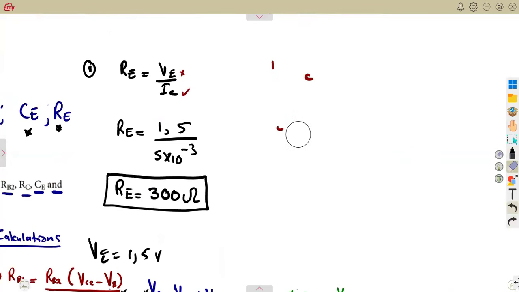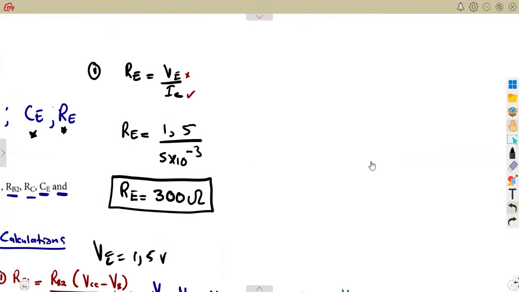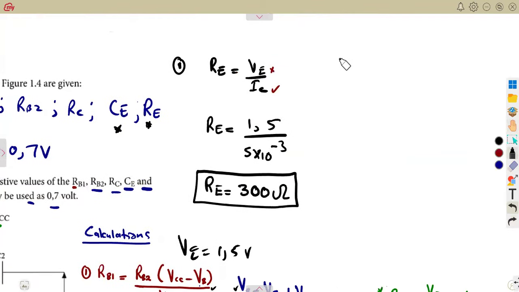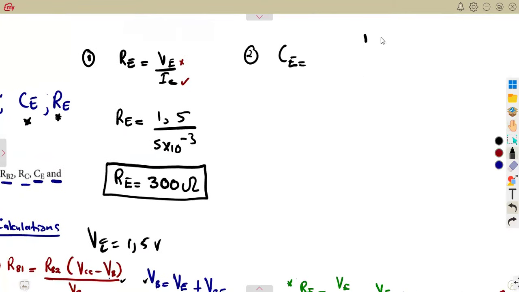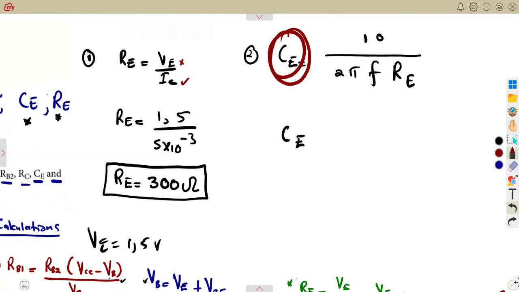All right, so let's check. Remember, we want to calculate CE. Just going to move on and have this number 2. CE, we saw, can be calculated from the formula 10 over 2 pi F RE. That's the capacitance value. And as I said, it will be easier because you're measuring capacitance in microfarad.